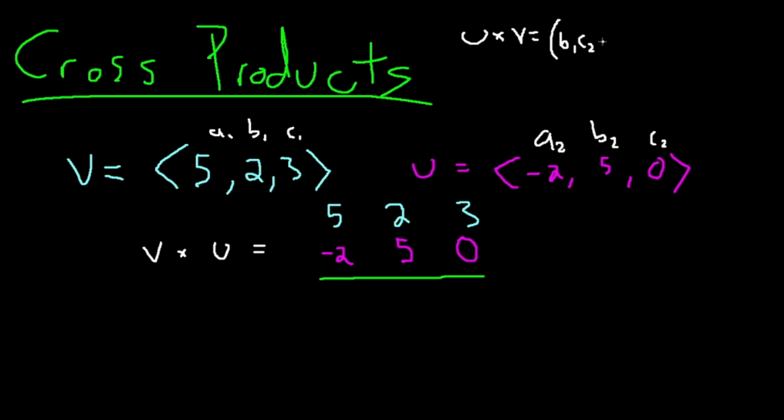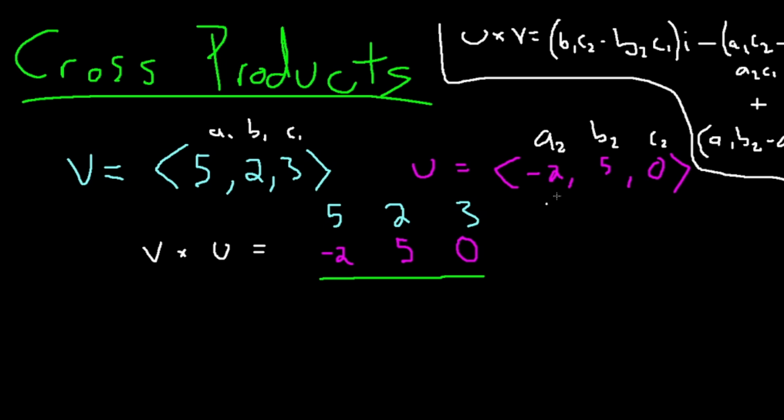The formula says b1 times c2 minus b2 times c1, minus a1 c2 minus a2 c1, and then plus a1 b2 minus a2 b1. You guys are going to see this formula in action, but this is basically the formula that we use.